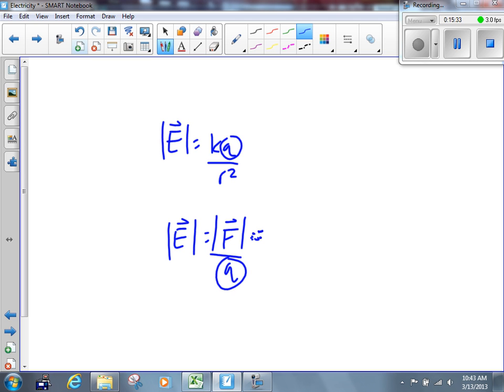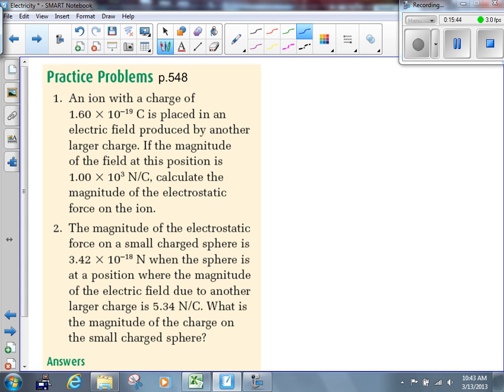All right? You had a couple questions for homework on this stuff as well. It was on page 548. Any issues with those questions on page 548? The key to these really is just recognizing what's the producer, what's the experiencer, and what you have more information about.